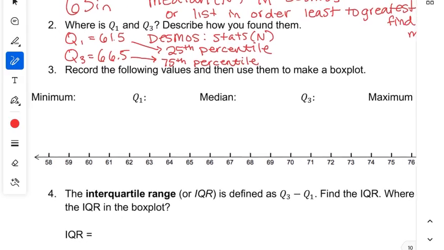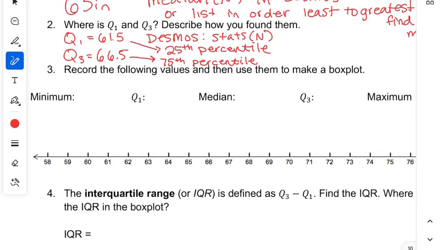Record the following values and use them to make a box plot. So go back to your Desmos, look at all of the values, minimum, Q1, median, Q3, and max, and we're going to fill in those values.